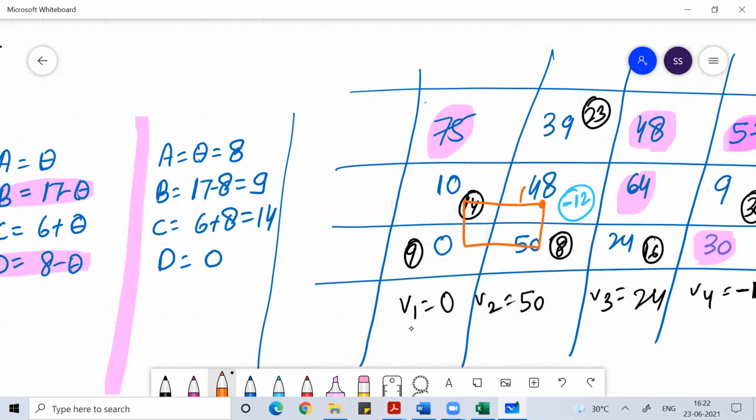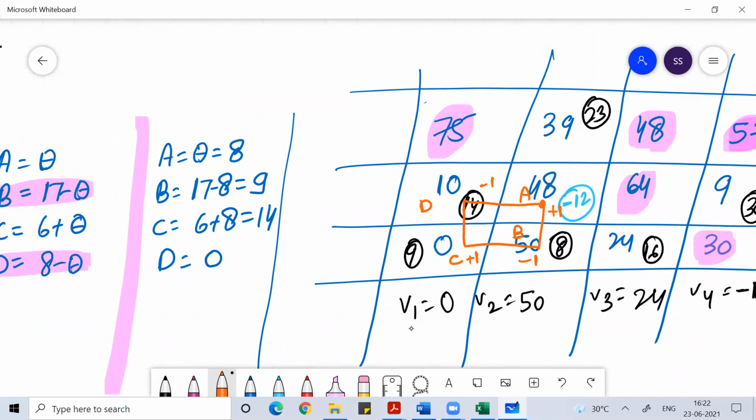So this is A, B, C, D, plus 1, minus 1, plus 1, minus 1. If you see, the smallest value is what? The smallest value is 8, right?